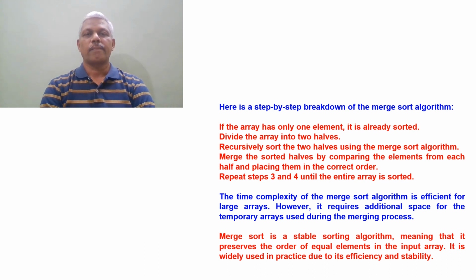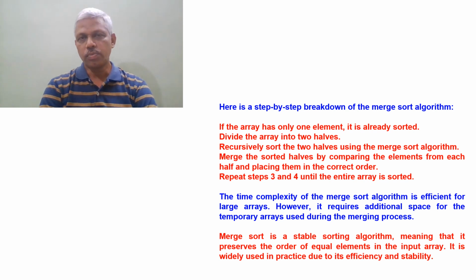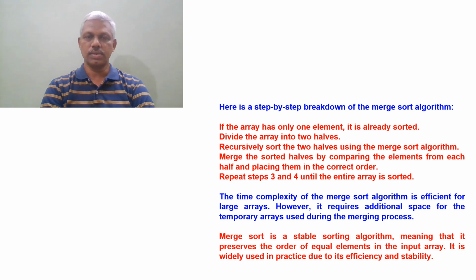And it is a stable algorithm. Stability can be defined in terms of a given array consisting of elements where some of the elements are of the same value; if in the sorting process they do not change their order, then we call it a stable algorithm. This algorithm is also a stable algorithm in this respect.